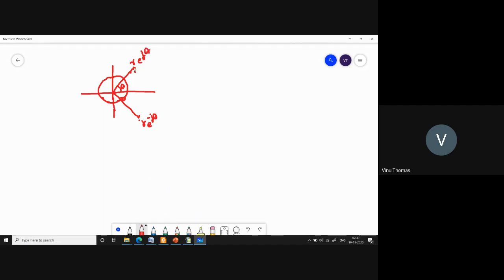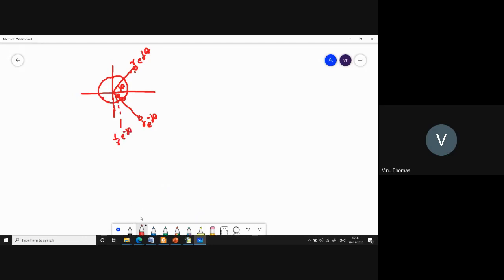So these are two zeros of the polynomial h of z. So if r e power j theta is a zero, then you will know that 1 by r is also a zero. 1 by r will be less than 1 because r is taken to be greater than 1. So this is 1 by r. This length would be equal to 1 by r e power minus j theta. So this is 1 by r e power minus j theta.